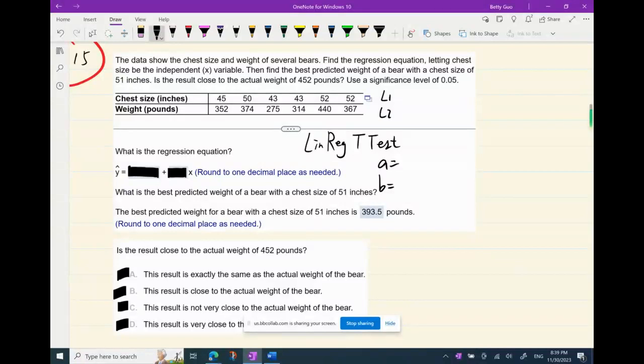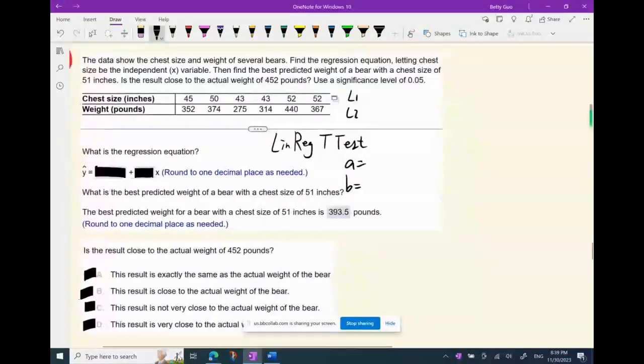Let me look at my scatter plot. ZoomStat. My scatter plot looks like this.